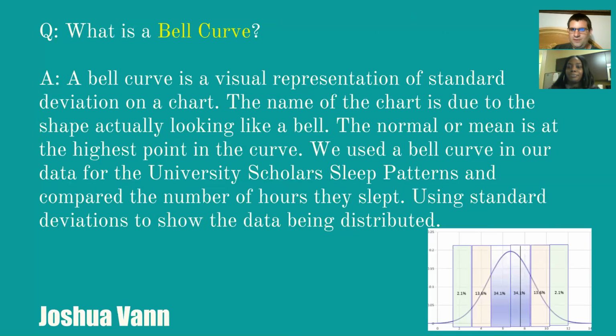We used a bell curve in our data for the University Scholar sleep patterns and compared the number of hours they slept using standard deviation to show the data being distributed. Okay, awesome.